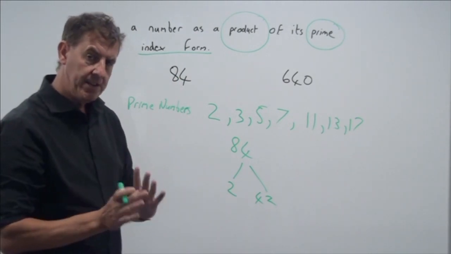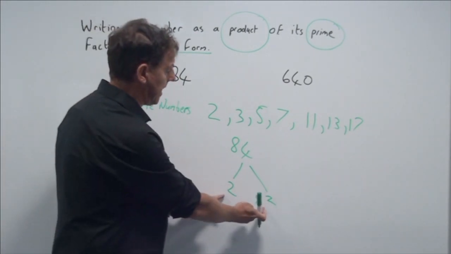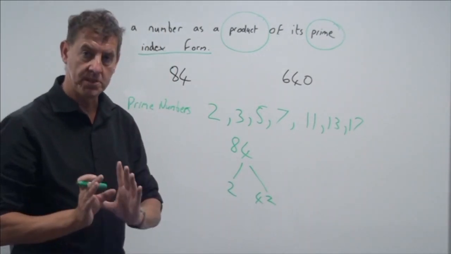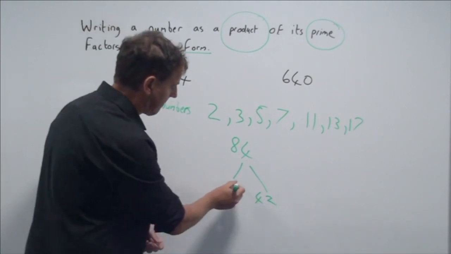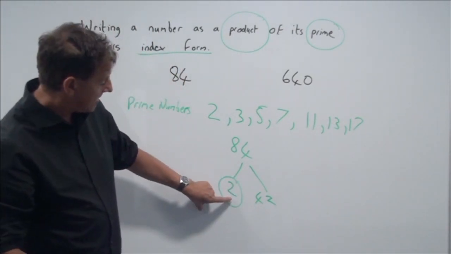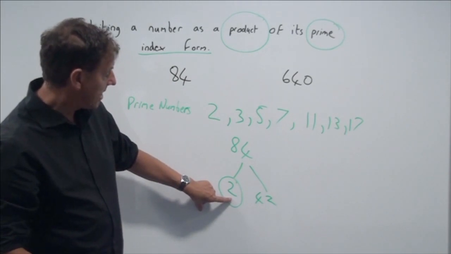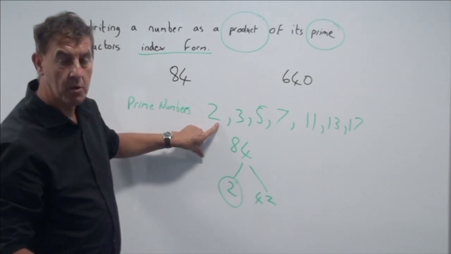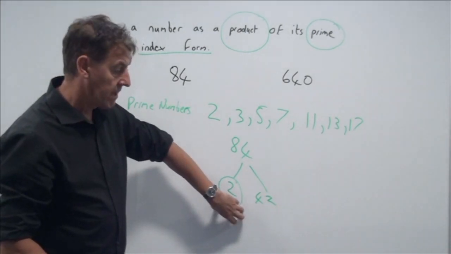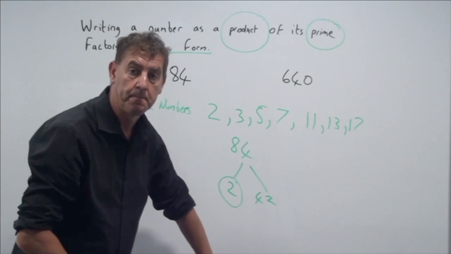If one of those numbers is prime, just put a circle around it and stop, because I cannot break that 2 down any further. It's a prime number: 1 times 2 makes 2.